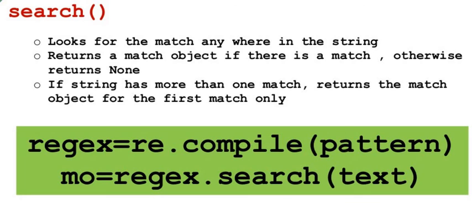If there is a string that has more than one match, then this returns the match for the first match only. So what is the syntax for that? regex is equal to re.compile, in this we are giving the pattern, and mo is equal to regex.search(text). So here we are discussing the two methods, match and search.